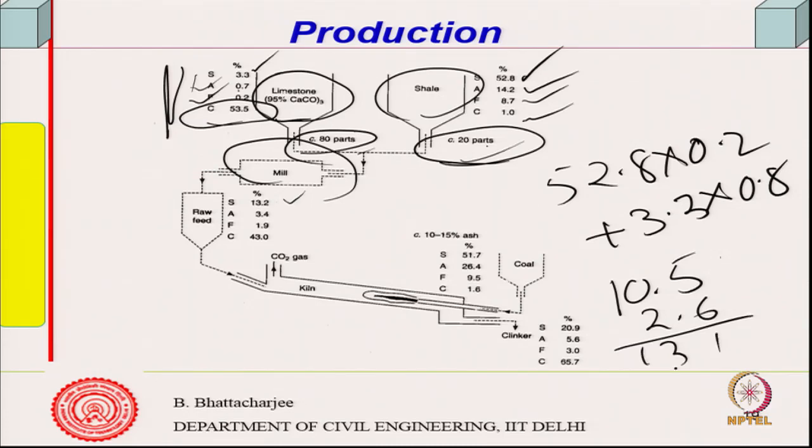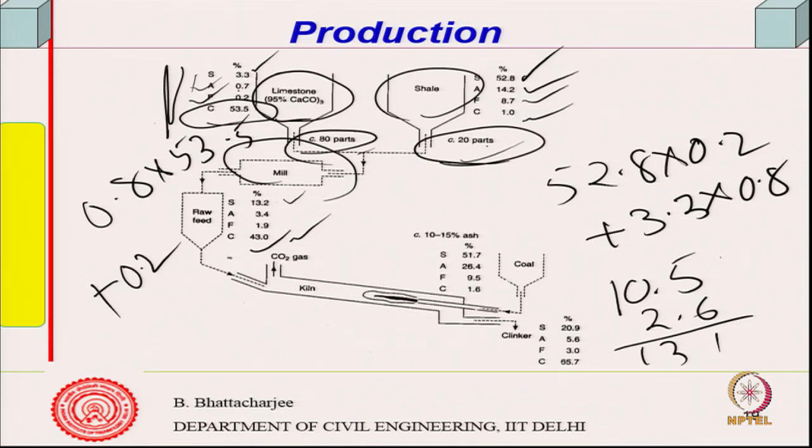Well, I think I have done the calculations more or less okay, and this is important. C is important. C would be 0.8 into 53.5 plus 1 into 0.2. So, that's what is coming. So, rest all are simple.